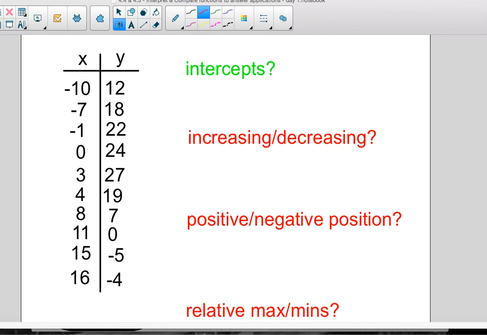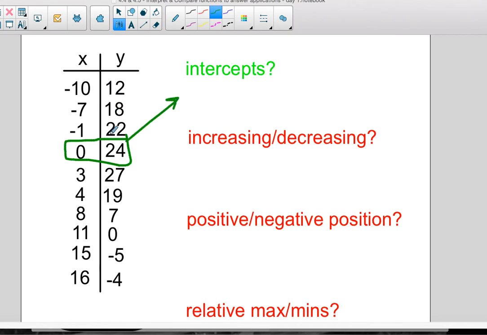So if you think about where the intercepts are, you can pause the video and see if you can find those, and then just keep pausing along the way as I go through these problems. But like here, anytime you see 0, you've got an intercept. So I've got 0, 24. That would be an intercept.